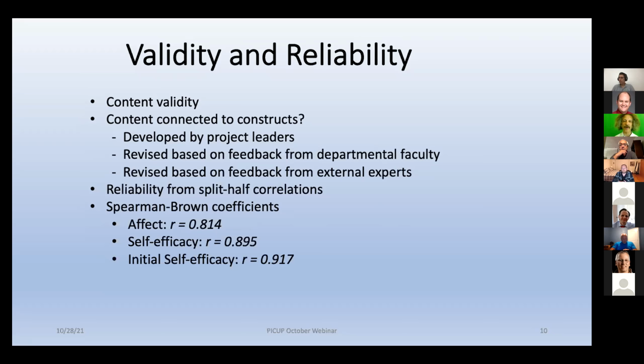Anything over 0.8 is perfectly usable by most standards. So these are solid numbers. It's hard to get all the way up to 1, but given the size of sample we have, et cetera, this is solid. This is fine.